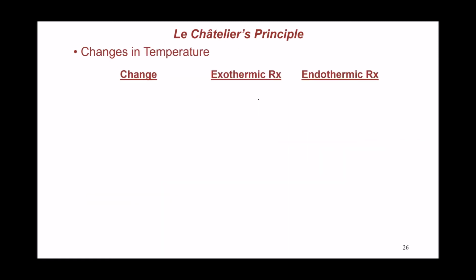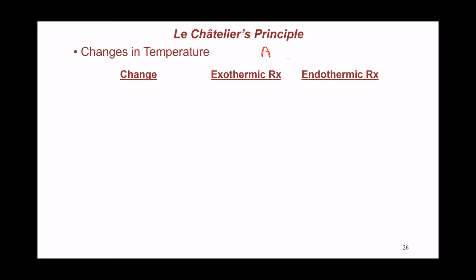The second parameter that you can use to affect an equilibrium reaction is temperature. And that is going to depend on the nature of the reaction, because whether the reaction is exothermic or endothermic is going to make a difference. In this case, heat or energy is one of the ingredients in the reaction.